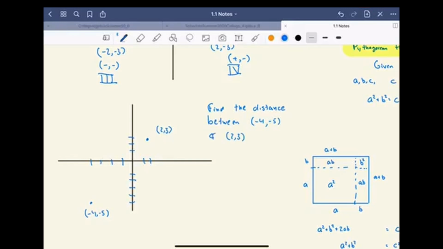Okay, now later on we'll get a formula, but right now we don't have to think about it so much as a formula. What I'd like us to think about is, let's imagine that we had another point down here. Okay, so this point down here, if I make a right triangle out of here, this is going to have the x-coordinate being 2 and the y-coordinate being -5.